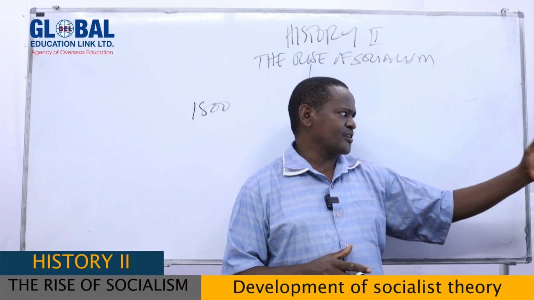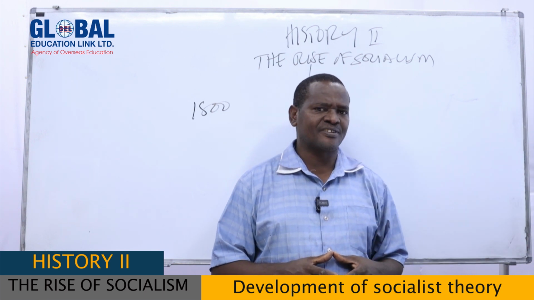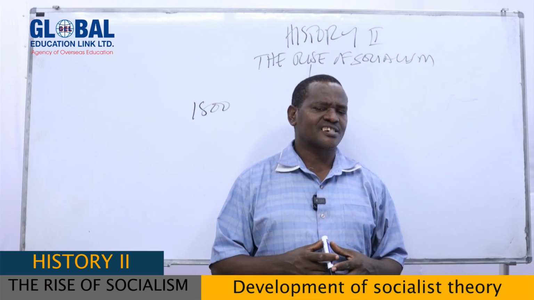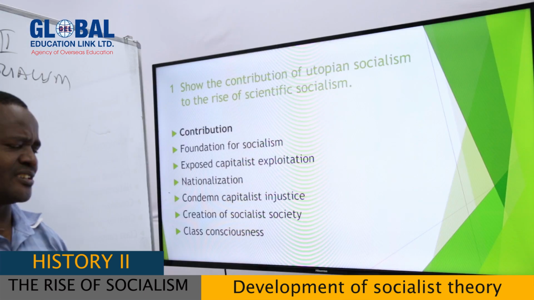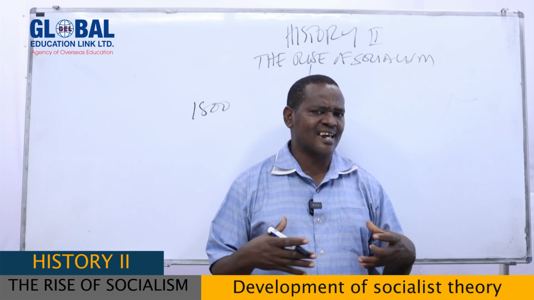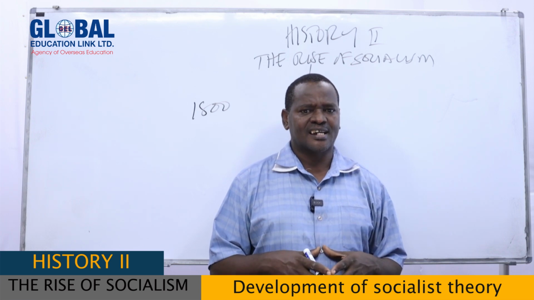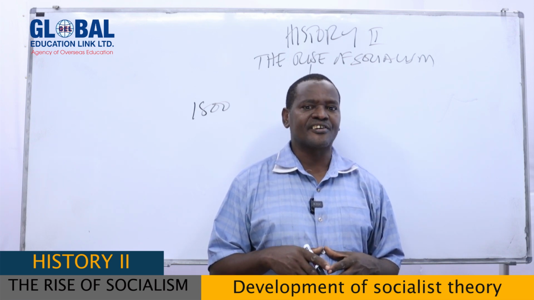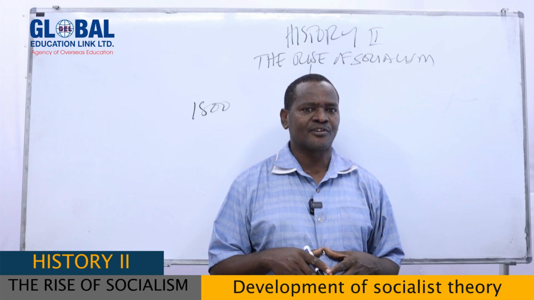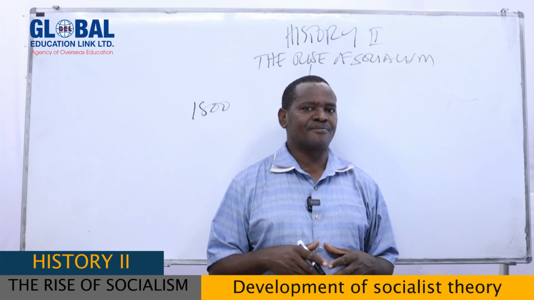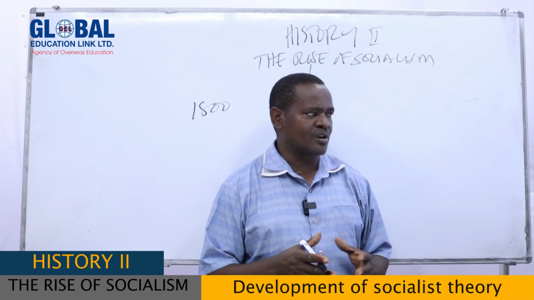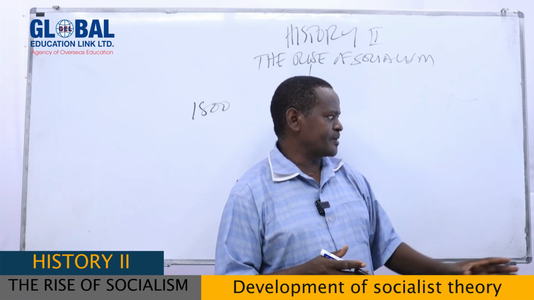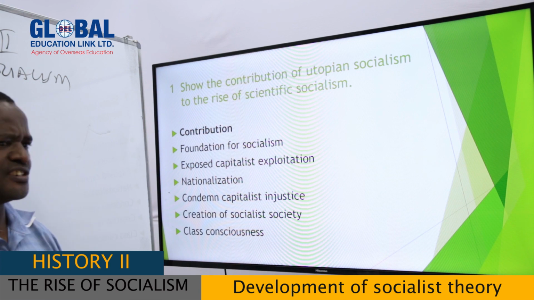They were quite different from the utopians, who believed they could reach nationalization through reasoning and argument, that they could argue with the capitalists, and the capitalists would accept the reasons given by the utopian socialists and give up their properties and wealth to the poor people, and so share their wealth among the poor people.